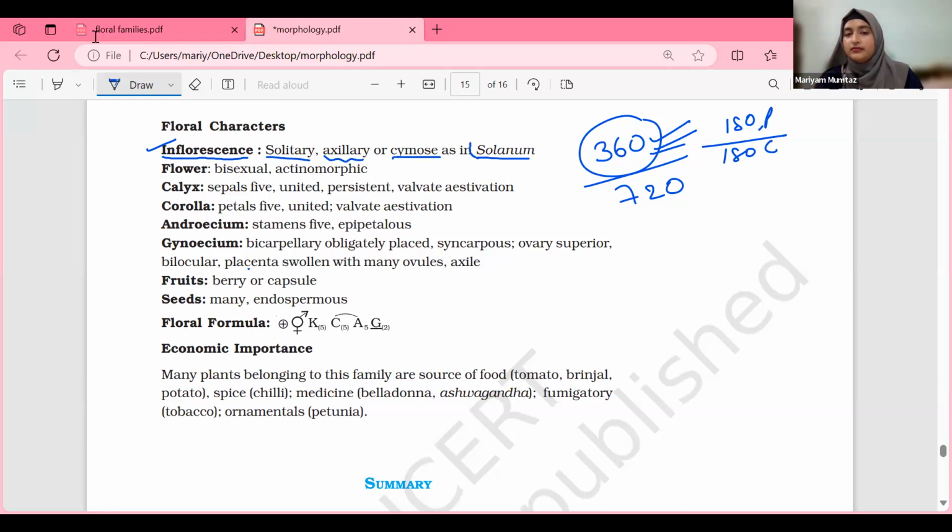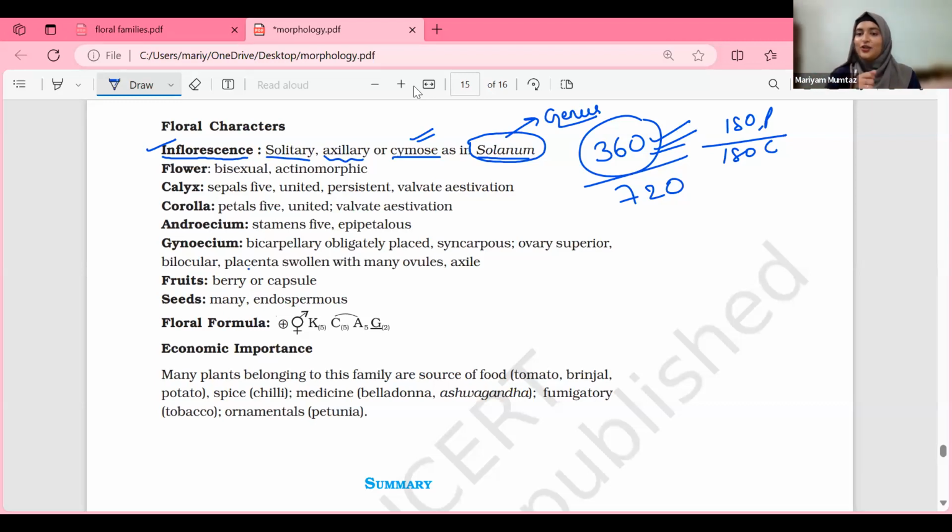Now Solanum is a genus, not just one plant. Like I said, Solanum tuberosum is potato and Solanum melongena is brinjal. The species change, but the genus is Solanum, which belongs to the family Solanaceae. So cymose is a type of inflorescence.